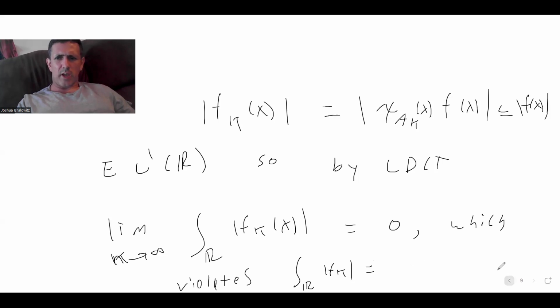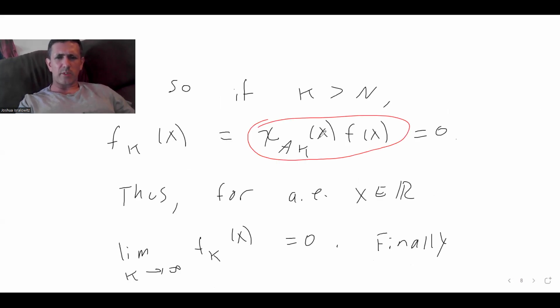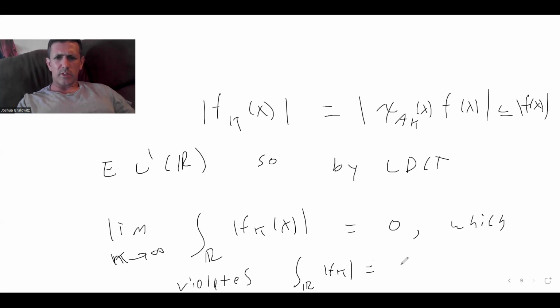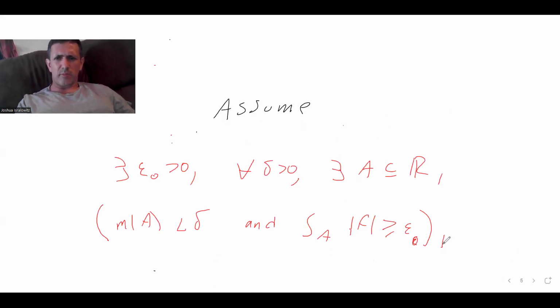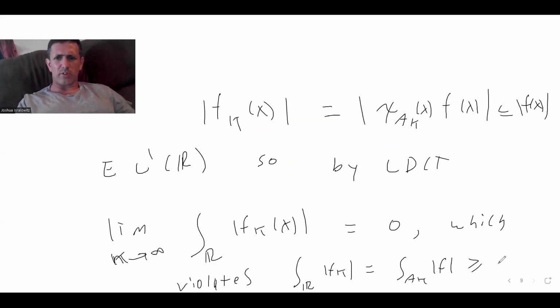Remember, this is just the absolute value of f times the characteristic function, and we picked the A_k so it's bigger than or equal to some epsilon 0. There exists an epsilon 0 where this is true for all k. So we get a contradiction if we assume the statement is false. We have a contradiction to Lebesgue dominated convergence.